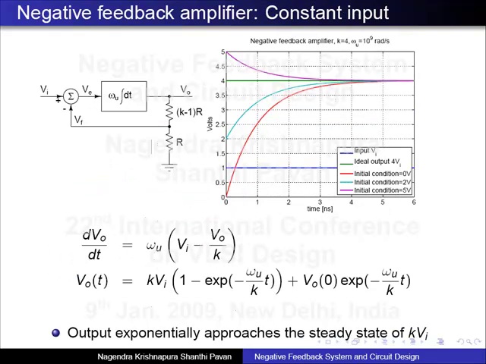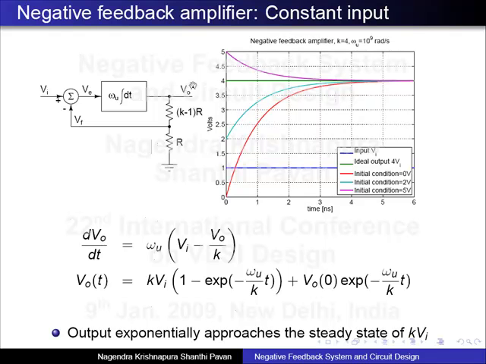Now we can evaluate that mathematically. Once we understand that the rate of change slows down, we can also do that mathematically. What I have shown here is, again, this Vf, the feedback voltage, is V0 divided by K. So the input to the integrator is Vi minus V0 by K, and this is what is integrated to give you the output.